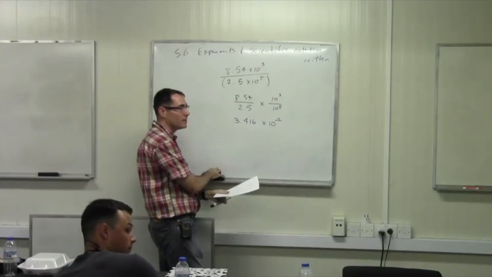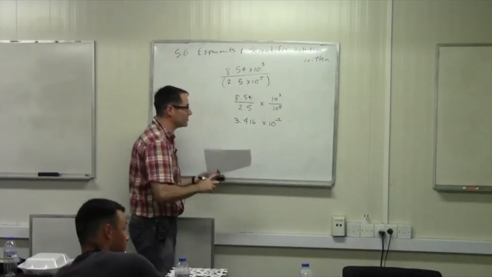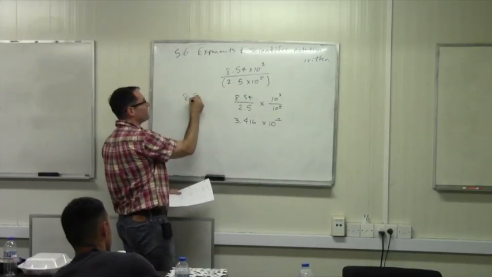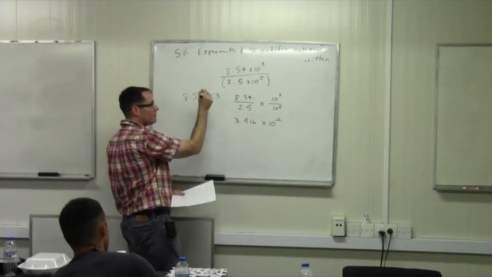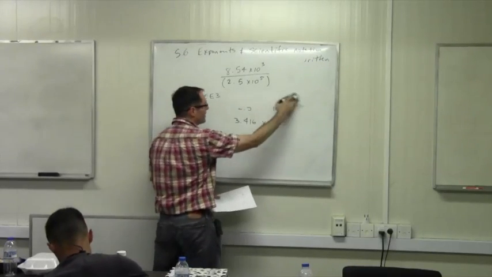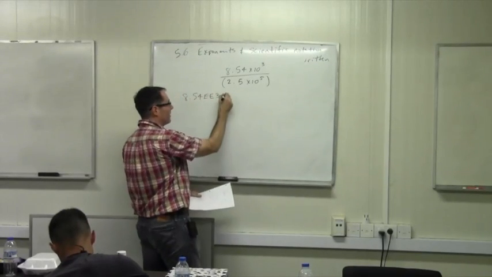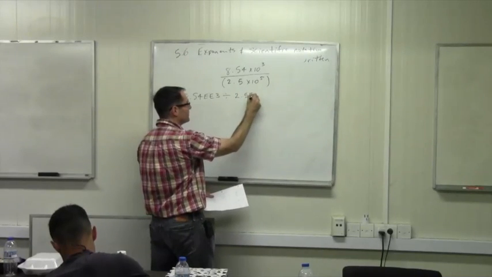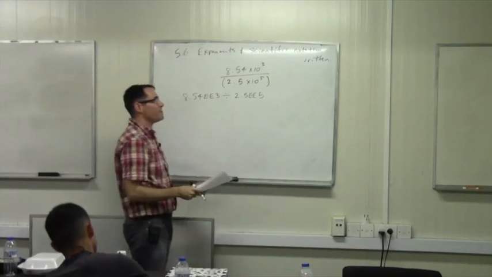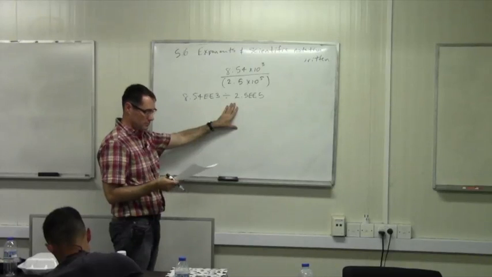Yes, Amy. What does that look like on the calculator? On the calculator, good question. 8.54, the little double E symbol, 3, right? Divided by, and then you do 2.5, the double E thing, 5. That should give you the right answer.